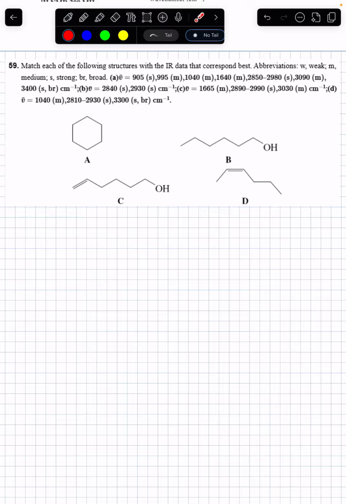A couple of general statements: let's ignore all the signals in the fingerprint region, so that would be less than, say, 1400, 1500 wave numbers. And we're only going to make sense out of signals that we are pretty confident about.